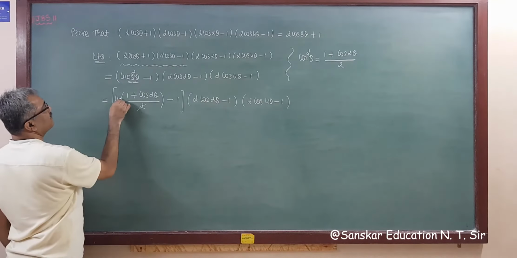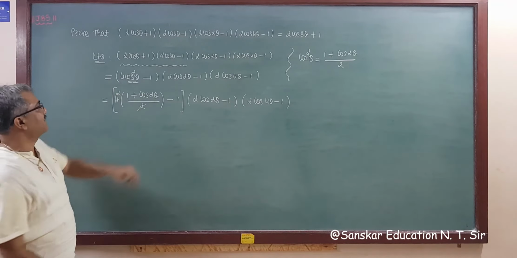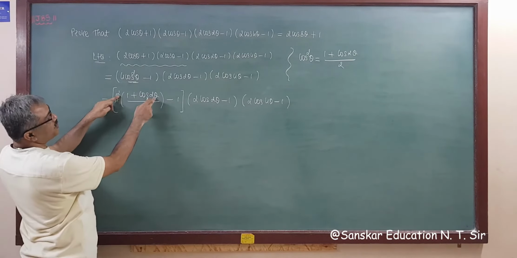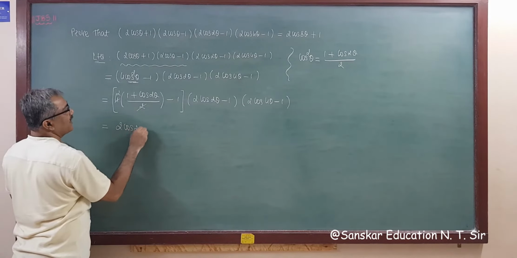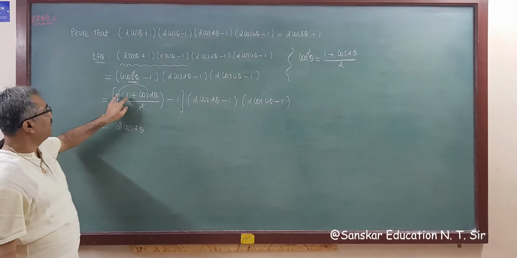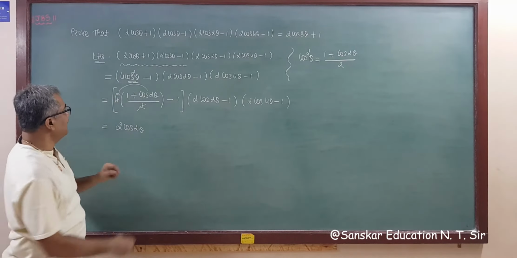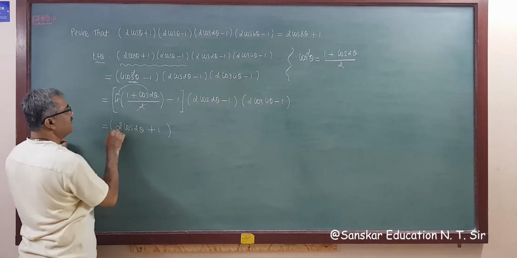So this 2 will be cut. This is 2 and minus 1, that is 1. And this is 2 cos 2 theta. If we multiply 2 with this, it is 2 cos 2 theta. Multiply with this 2, minus 1 is plus 1. So this is 2 cos 2 theta plus 1.